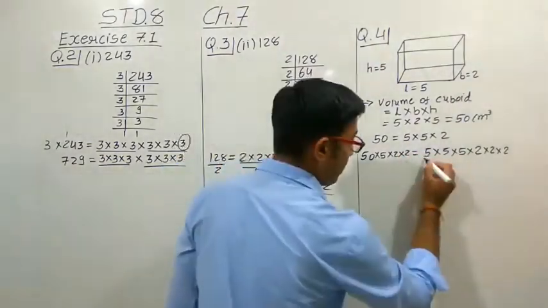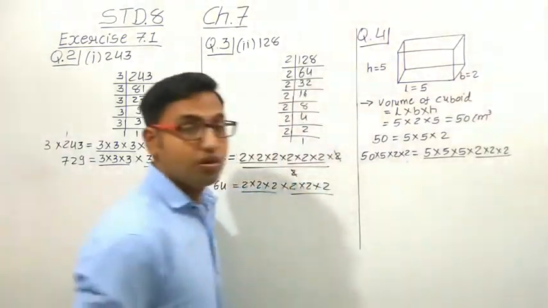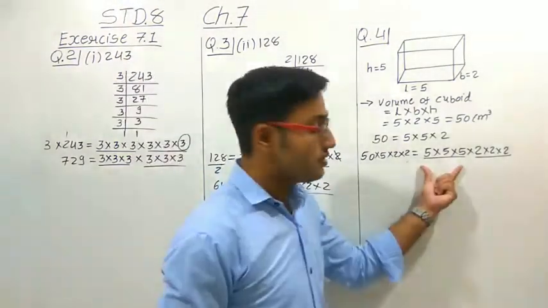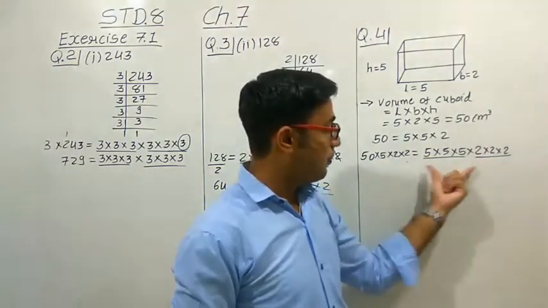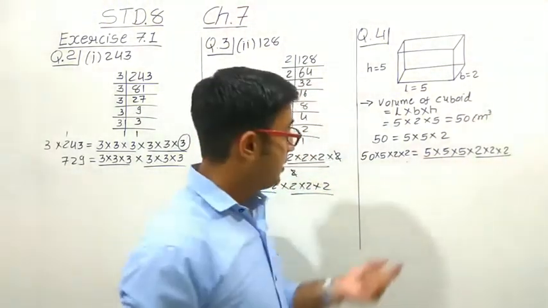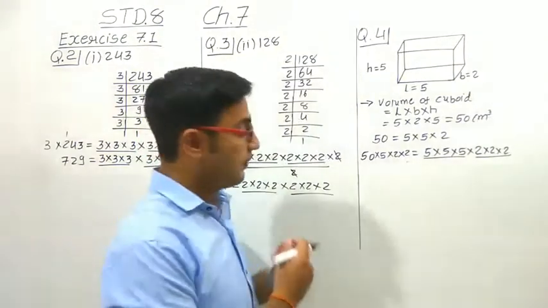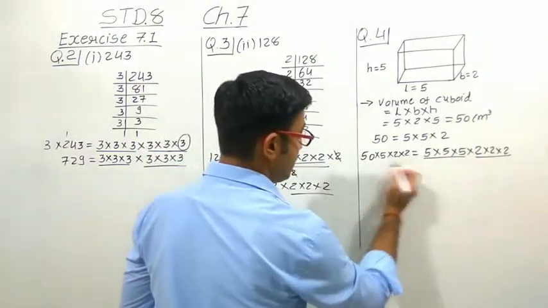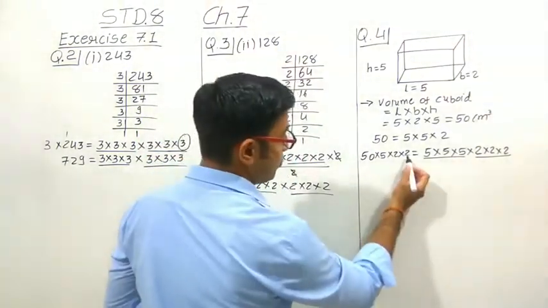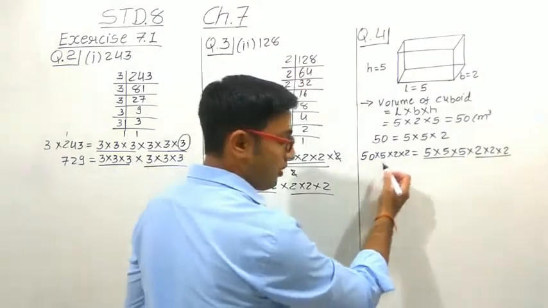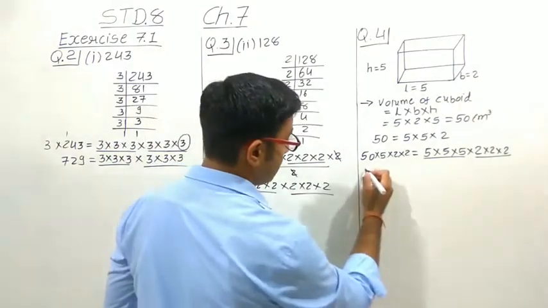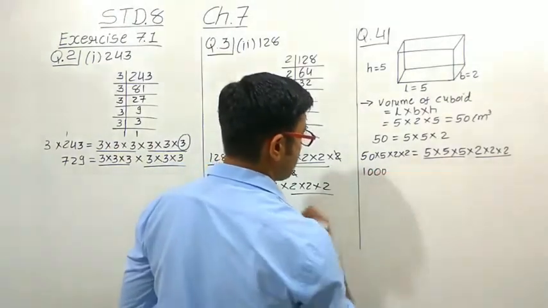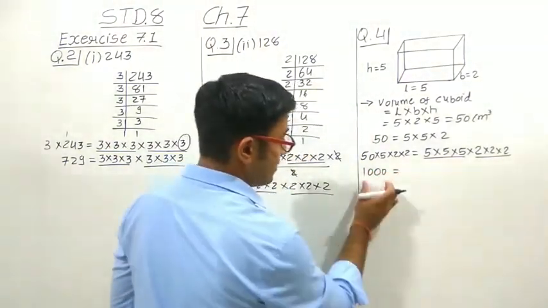So see, here we make groups of the same factor: one group of 5 and one group of 2, and in both groups there are 3 factors. So what number do we get on the left hand side when we multiply these numbers? 2 twos are 4, 4 fives are 20, and 20 fives are 1000. Right?